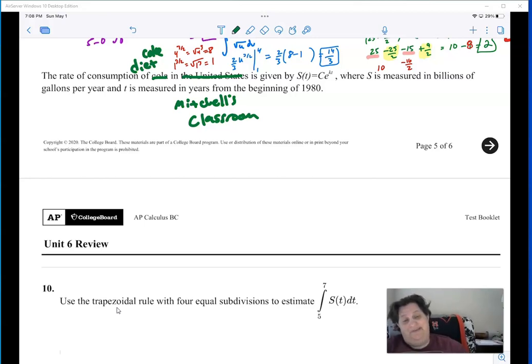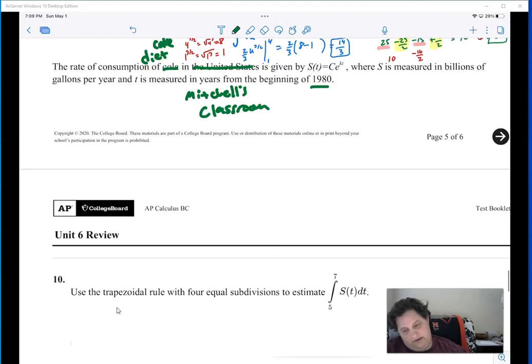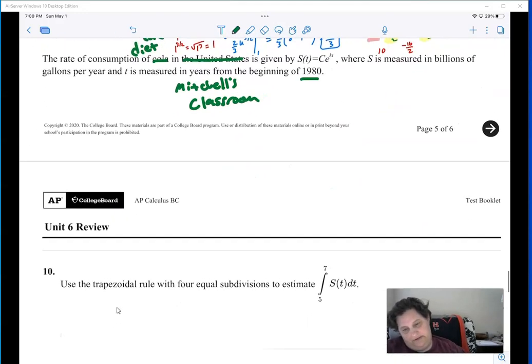S is measured in billions of gallons. Accurate, may I say, accurate. And t is measured in years from 1980. Okay, look, I was 3 in 1980, but we're going to go with this. Oh, for goodness sakes. All right.